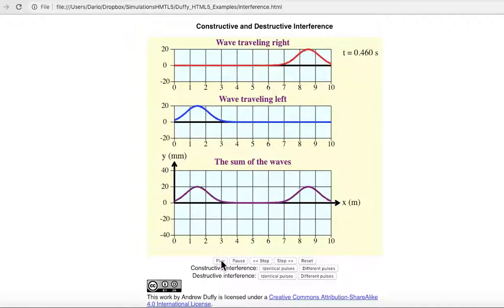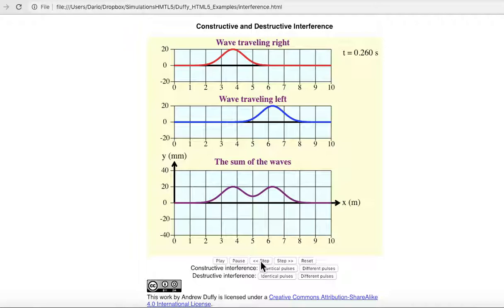The two pulses, after the moment when they're overlapping, continue to move in the same directions that they were moving before, with the same shape. Let's stop here for a second and go back a little bit, to the moment when the front of each pulse is starting to overlap with the other pulse.